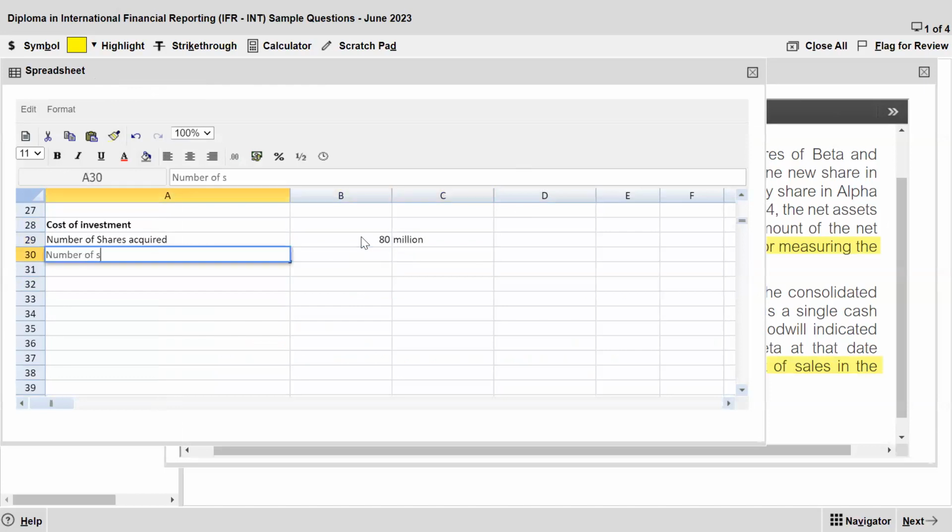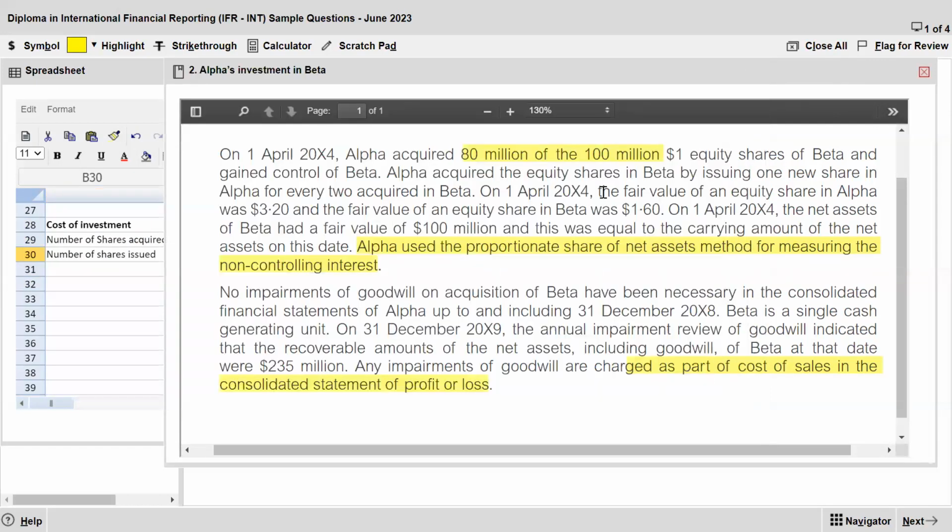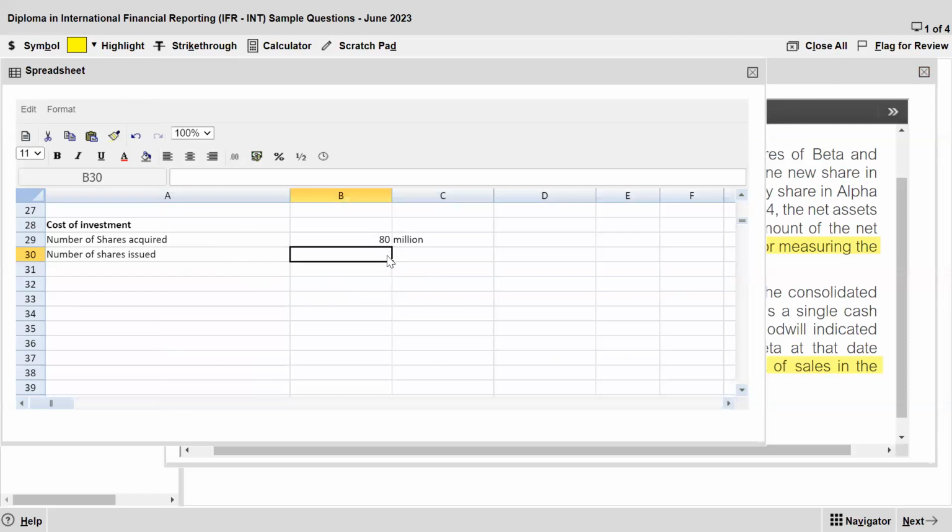Number of shares issued is going to be what? You are issuing one new share in Alpha for every 2 shares acquired in Beta. So it's this multiplied by 1 divided by 2. So 40 million shares are going to be issued.